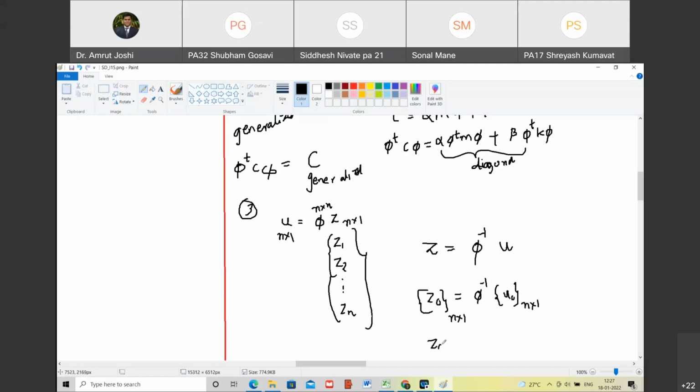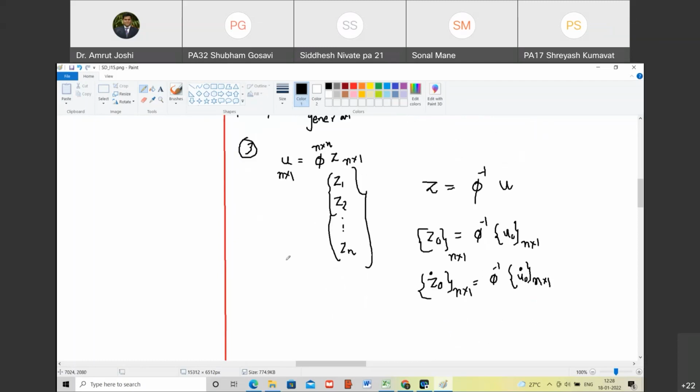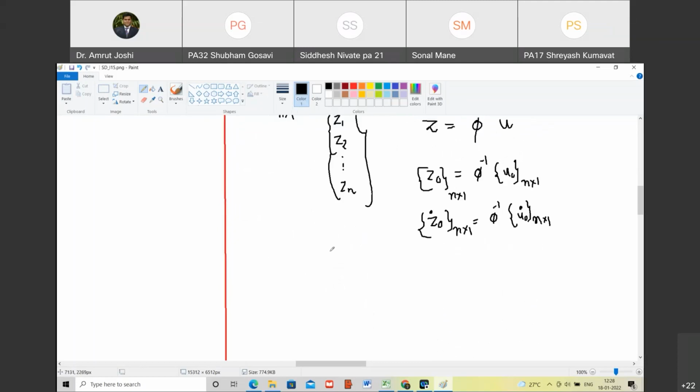Similarly, we get Z0 dot, equal to phi inverse of U0 dot. This is also n cross 1. These are the initial conditions. So knowing U0 and U0 dot, you can get Z0 and Z0 dot from these equations. Do you agree with me? Yes, sir.